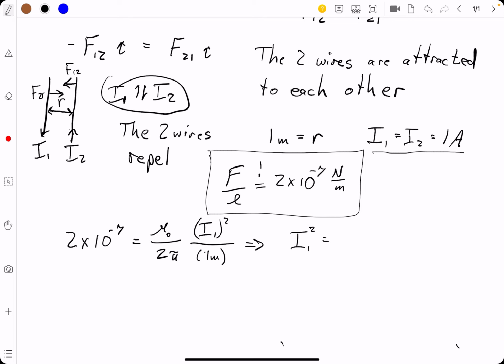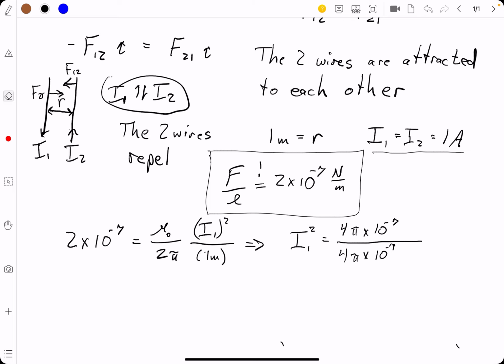And we end up with 4 pi times 10 to the minus 7 over 4 pi times 10 to the minus 7.